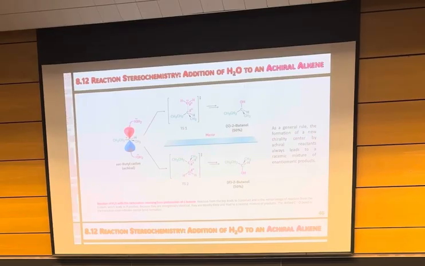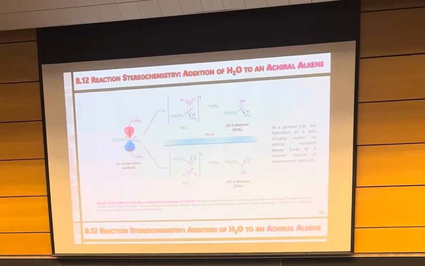Not one, all of them have to change. It was RR, so now it has to be SS. Now that molecule is also chiral, and when you put it in a polarimeter, it will be the exact opposite of the first molecule. If RR was plus 30, the SS is minus 30. If you put a 50-50 in there, it's going to be a 0.